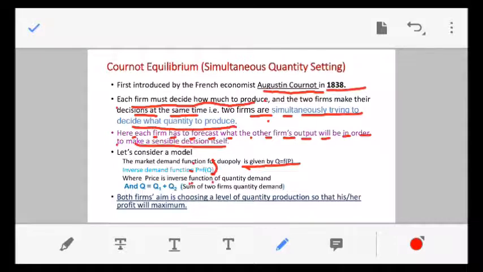This is called the inverse demand function.